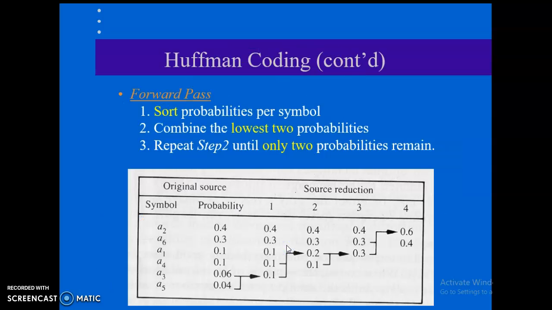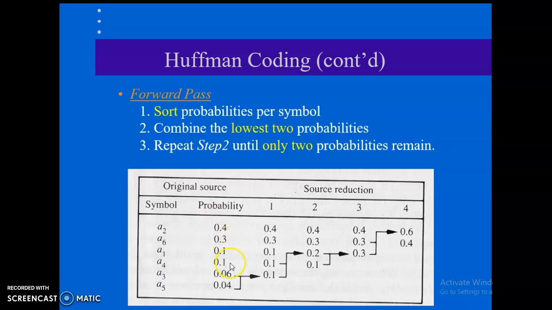Huffman coding, forward pass: sort probabilities per symbol. Combine the lowest two probabilities. Repeat step 2 until only two probabilities remain. Original source, source reduction: symbols A2, A6, A1, A4, A3, A5.